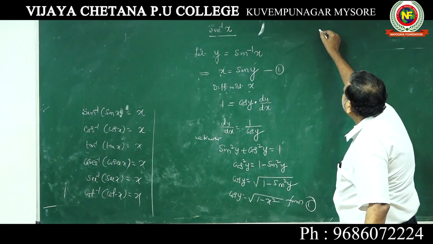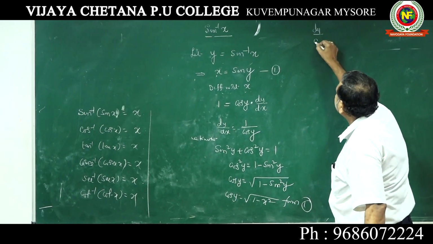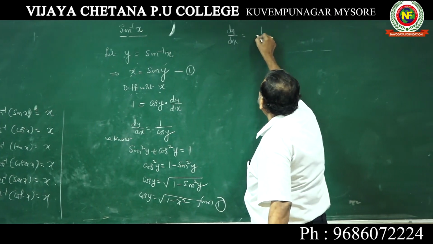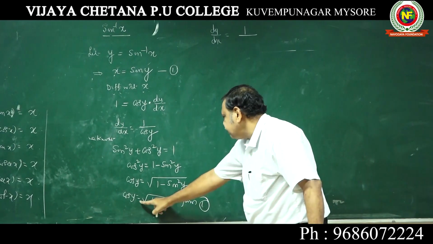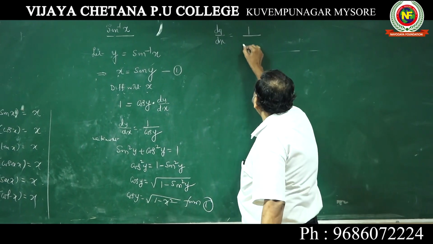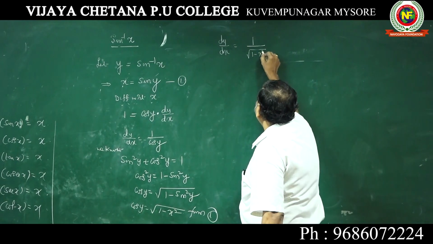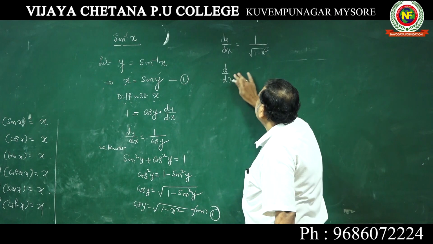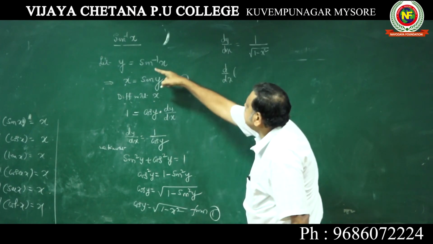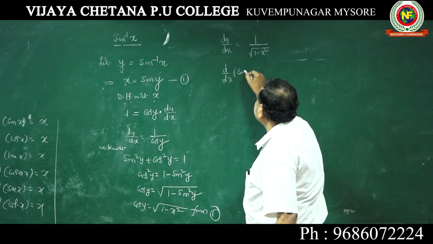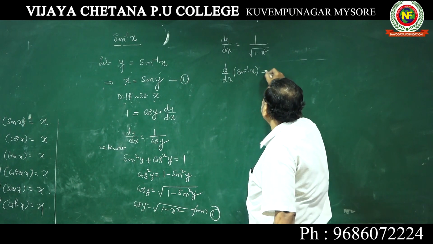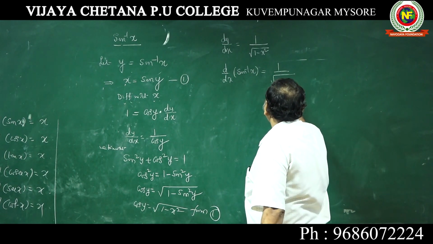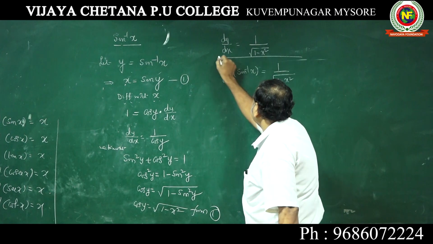Now dy by dx is equal to 1 by cos y. Instead of cos y, you can write root of 1 minus x square. So d by dx of sin inverse x is equal to 1 over root of 1 minus x square.